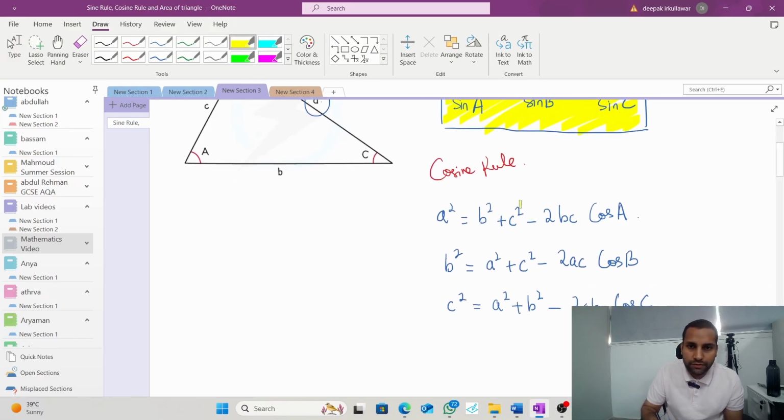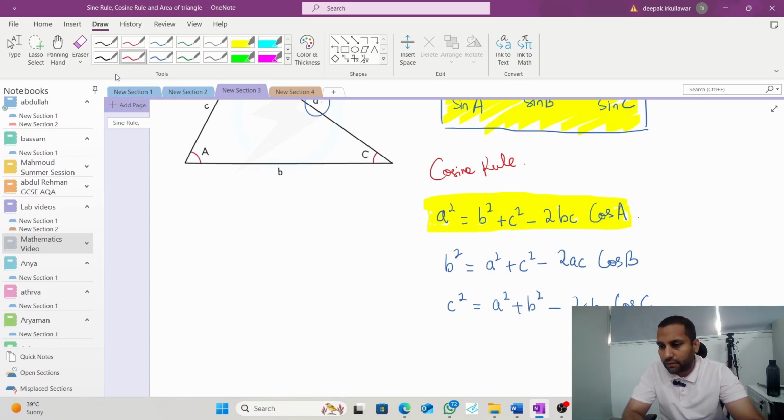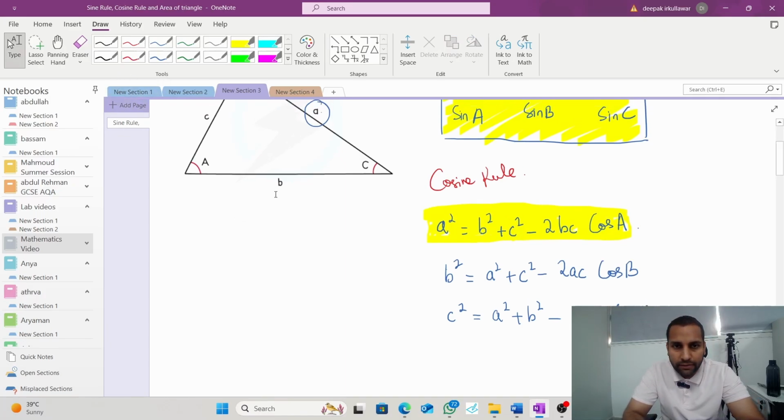I hope you understood what is sine rule and what is cosine rule. You just need to know any one of these, and the remaining you can rearrange and get. Once you practice once or twice, it will automatically be understood by you.